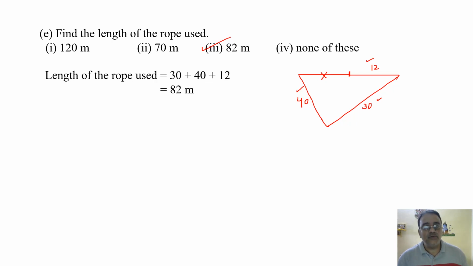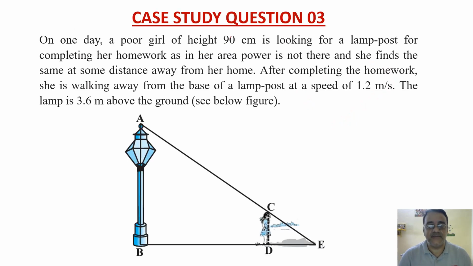Right. Now we are moving toward the next case study, question number 3. On one day, a poor girl of height 90 centimeters is looking for a lamp post for completing her homework. As in her area, power is not there, and she finds the lamp post at some distance away from her home.